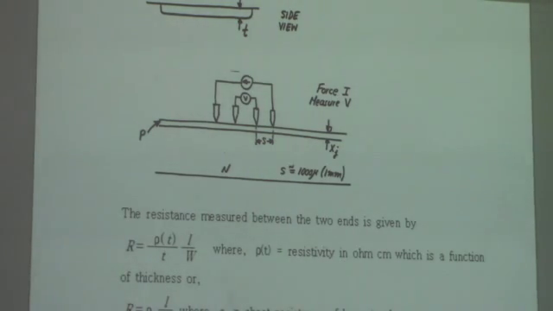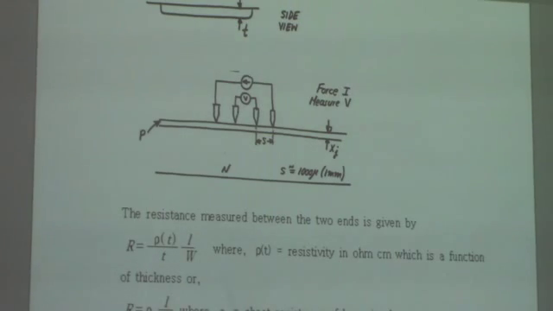We use the outermost two probes, we apply the current, and then in between we have two probes to measure the voltage drop. That's the IR drop, okay?